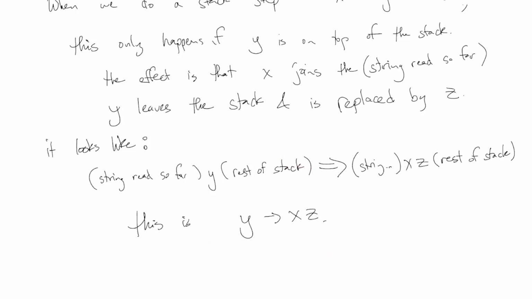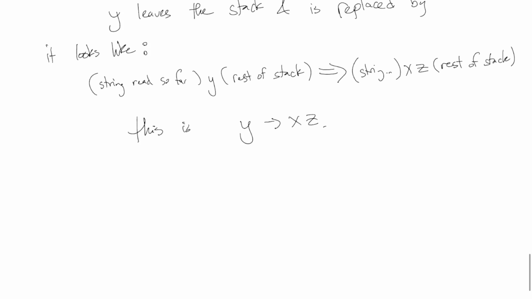So what we have said so far is you can convert a stack machine into a grammar in exactly this way. X, Y, Z becomes, just to remind you one last time, Y goes to XZ. And remember what I said a little while ago. In a stack machine, this Y is required to be a single letter, a single stack symbol.